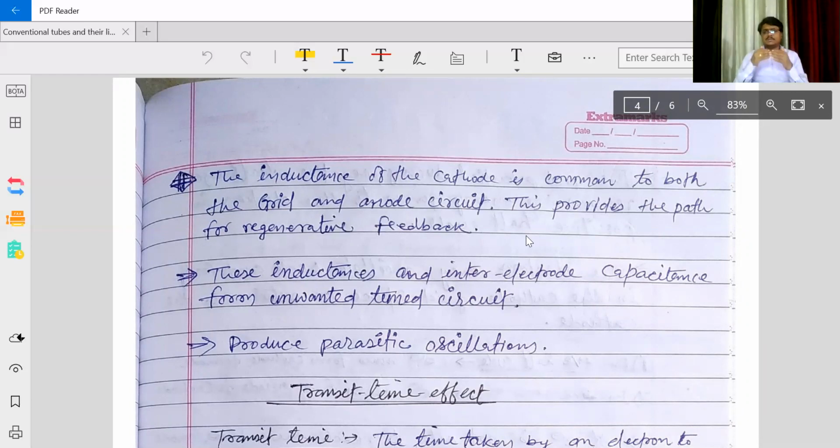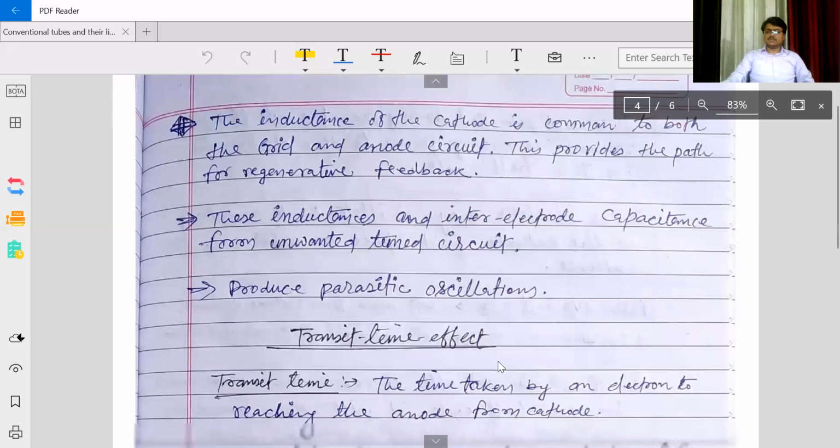If L and C are there in series or in parallel, they will form a tank circuit or tuned circuit. So it forms an unwanted tuned circuit which produces parasitic oscillation.